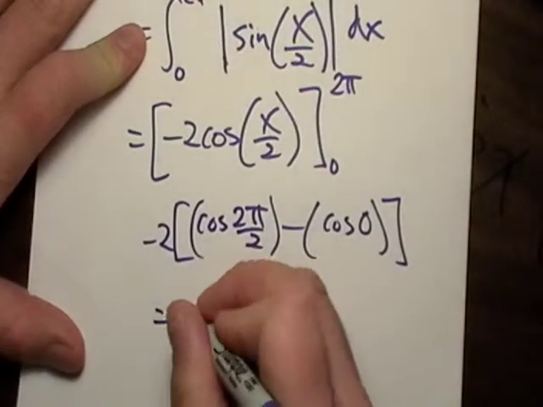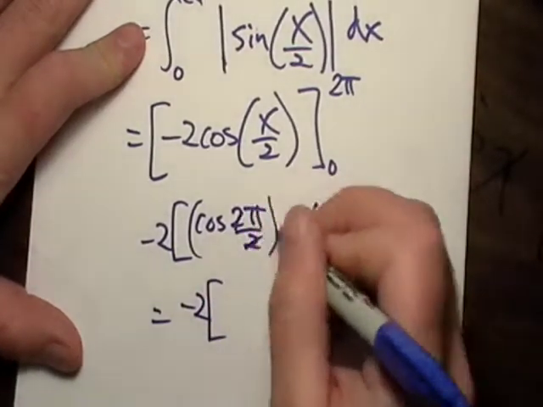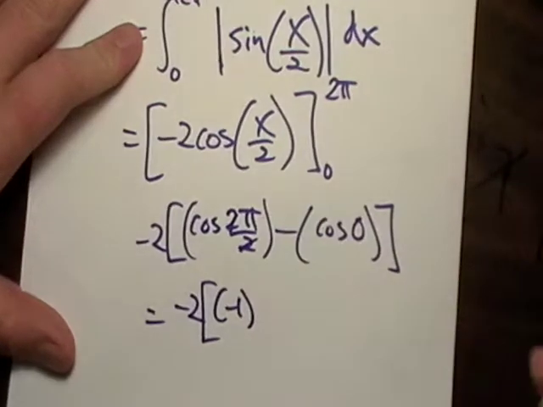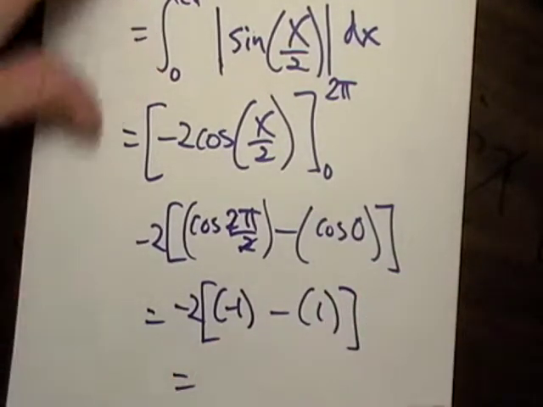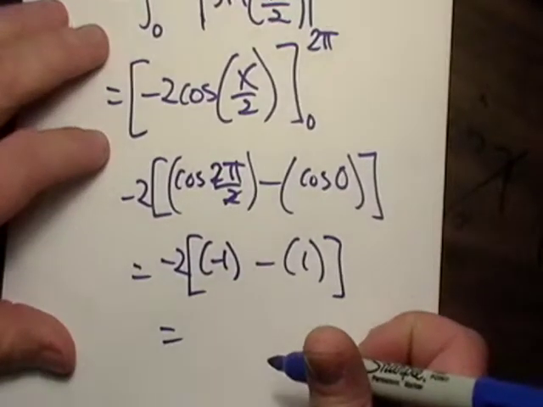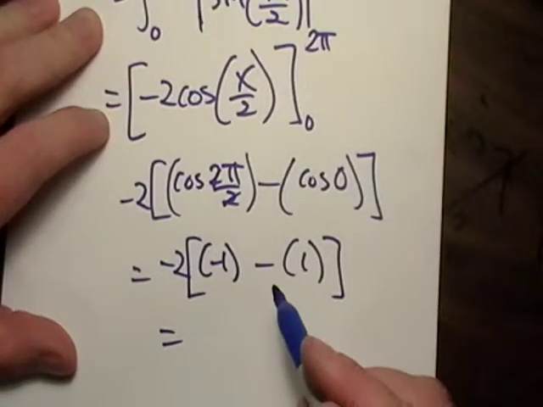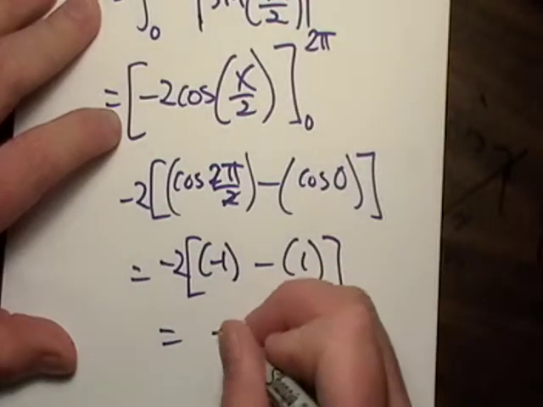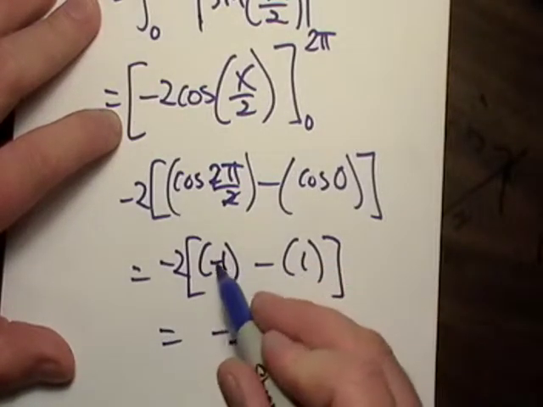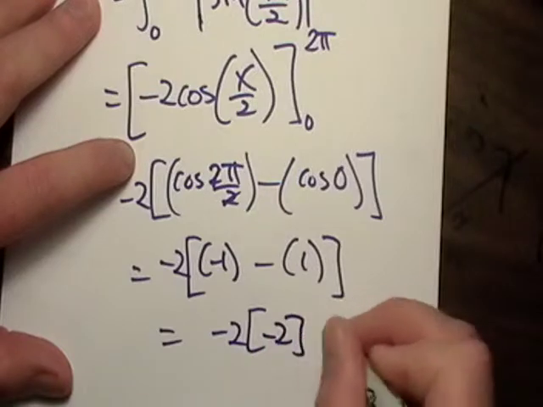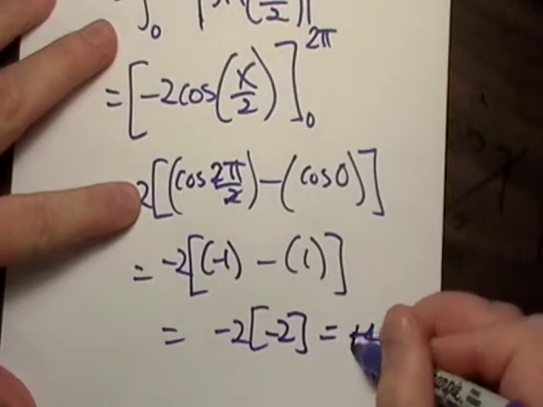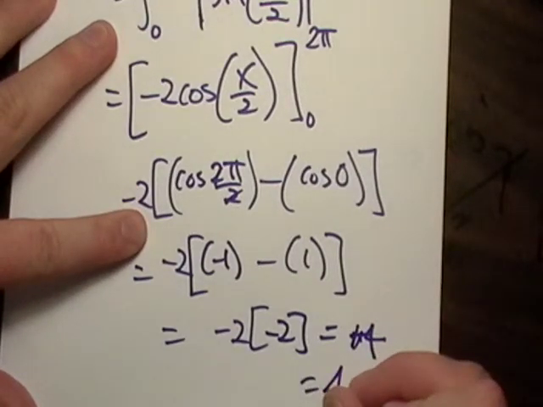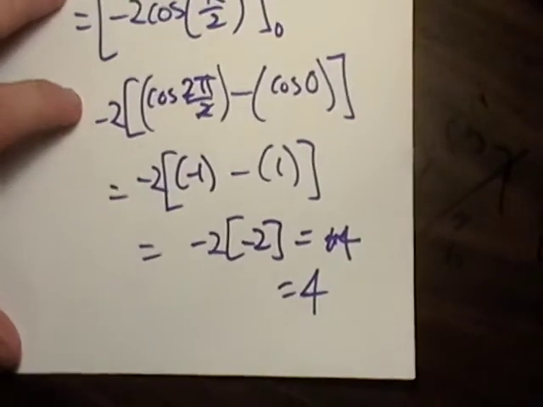That's going to equal -2 times (cosine of pi is -1, minus 1). Looks like we're going to have -2 times -2, which equals +4. I'm sorry. The area under that curve is 4.